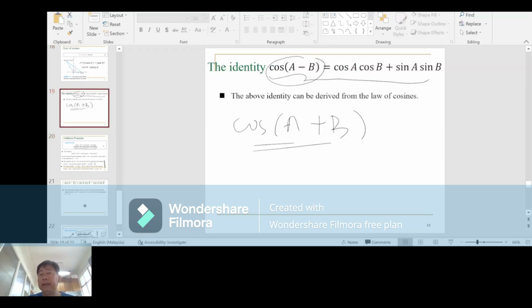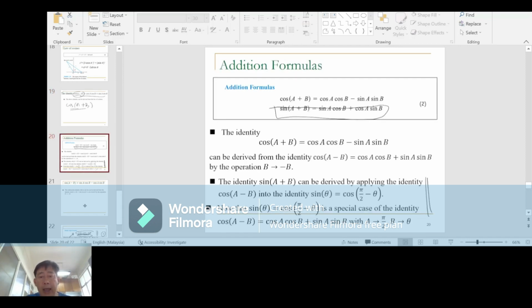Specifically, we derive the identity of cos of A minus B. Then from the cos of A minus B identity, we derive the cos of A plus B identity. Then I didn't show you the derivation of the sine of A plus B identity.